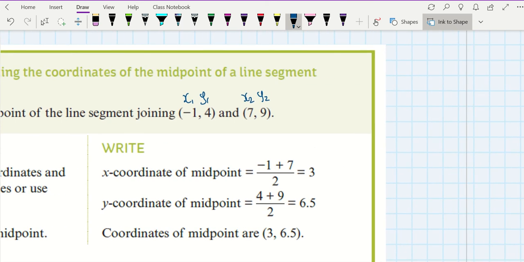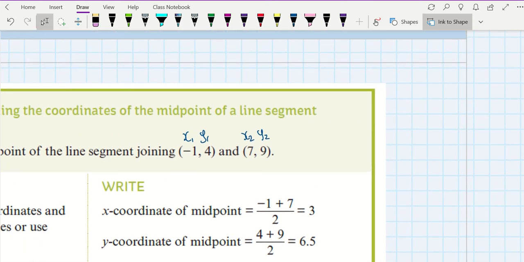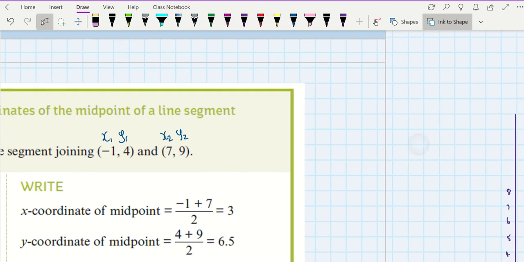So all we need to do now is to calculate the average of the x values. So to calculate the average of the x values, it's just x2 plus x1 over 2. So that's going to be 7 plus -1. Well, 7 plus -1 is like saying 7 take 1, which is 6.